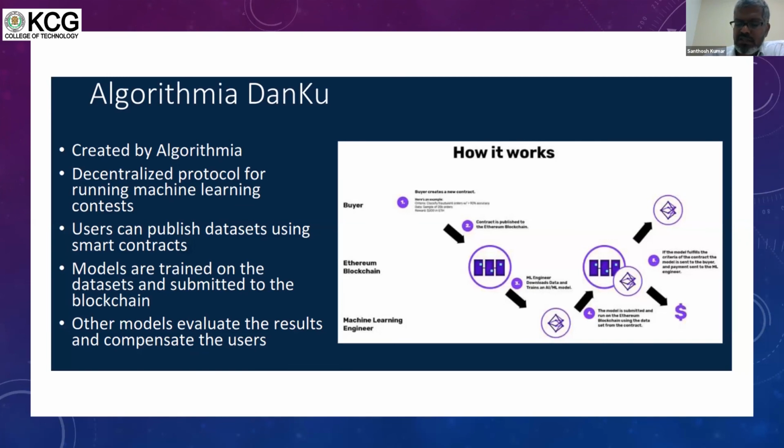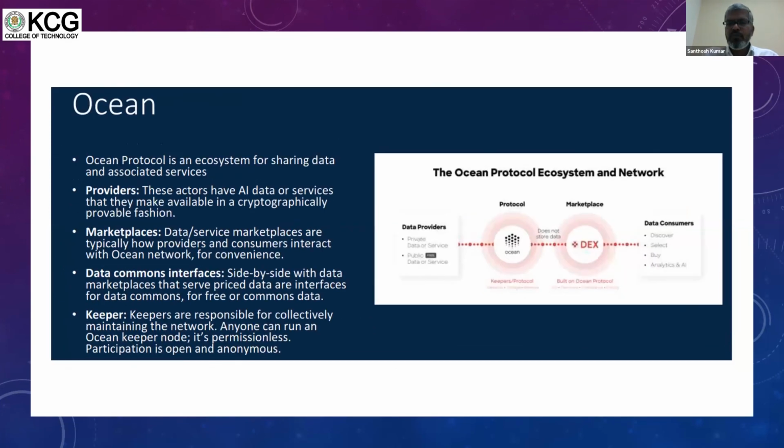So again, it's evolving. It's one of the technologies which I would request you to keep track of and monitor in the coming years. Again, Ocean is, as I mentioned earlier, the framework for incentivizing the data exchange, the inference exchange mechanisms.